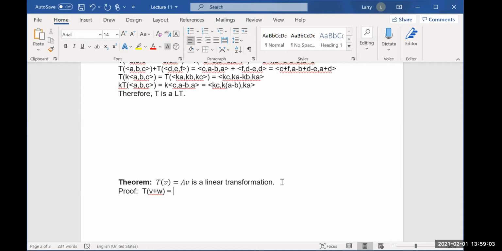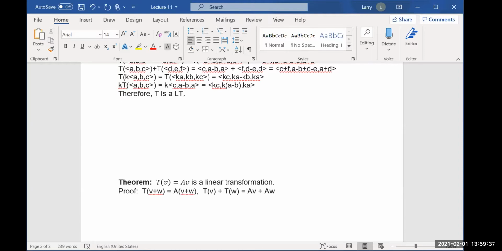Well, T of V plus W is equal to A times V plus W. But T of V plus T of W is equal to AV plus AW. Any questions on that? Are they equal? Yeah, because the distributive property works for matrices.